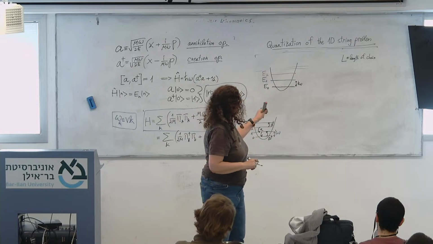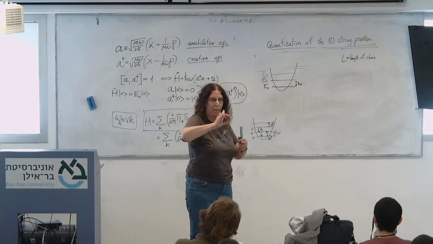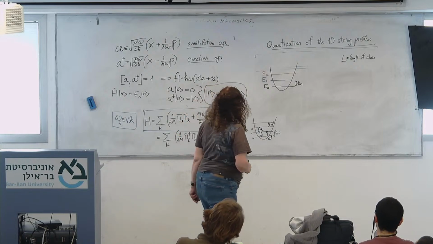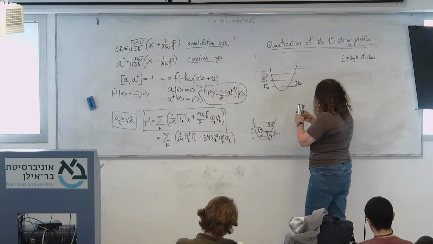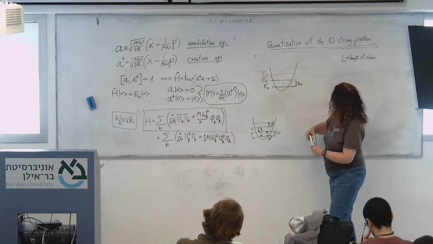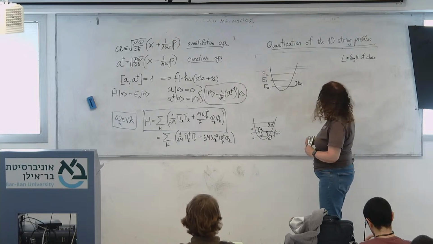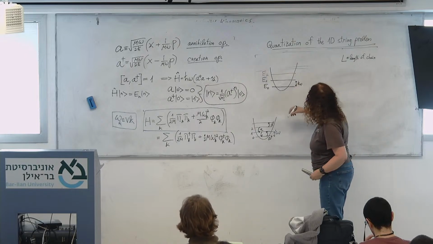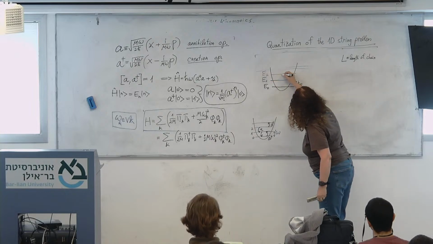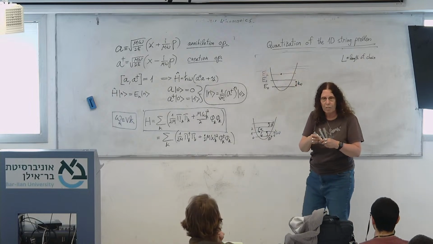That's why we can do this for the harmonic oscillator. We cannot play this game if the spectrum is not equally spaced. It's very important to remember. So when I say that the harmonic oscillator is at the state 2, what does it mean? It means that the particle, this is a single particle, lives in E2, and it has a wave function with 2 nodes and so on.